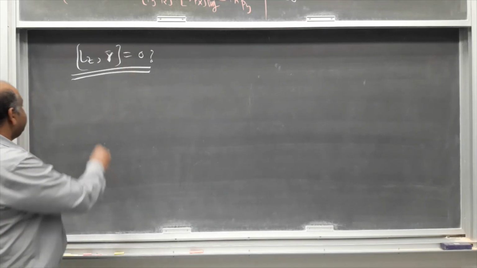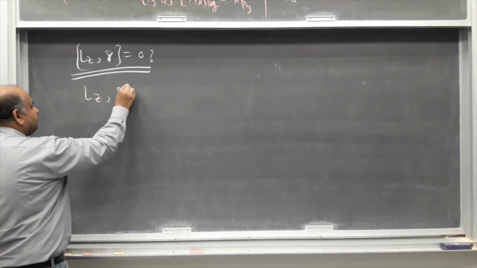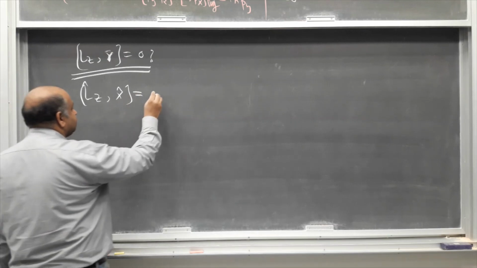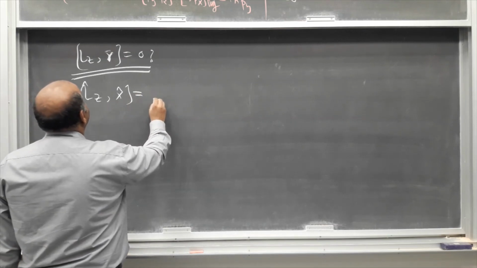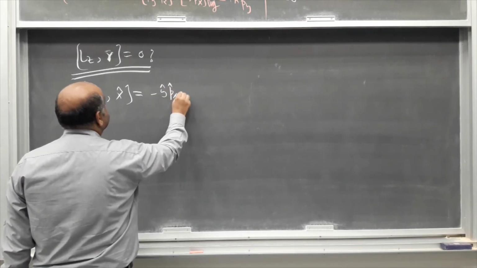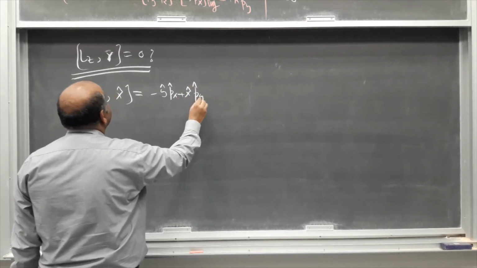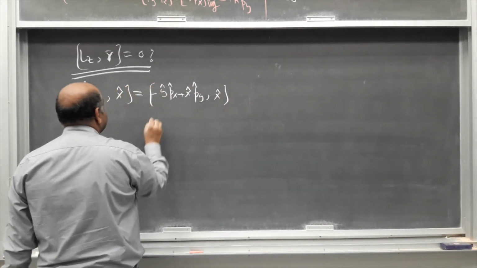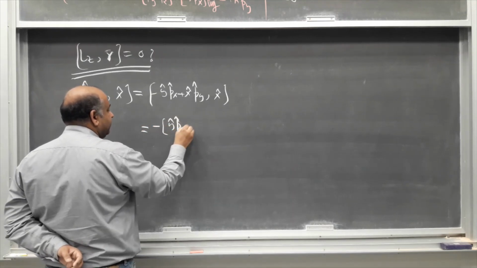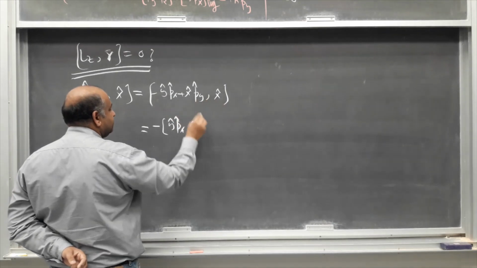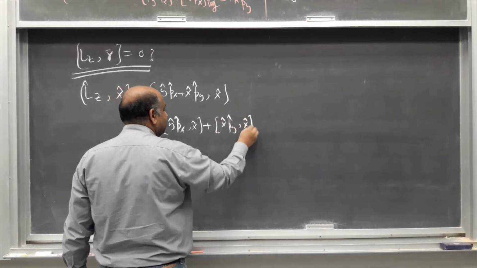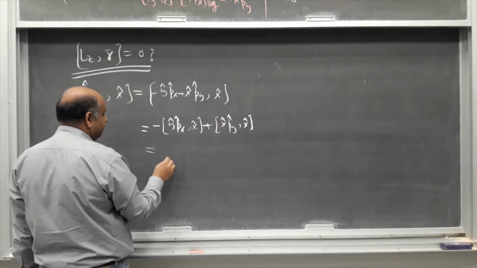So for this, we need to begin first with this thing. Let's see what this Lz x is. So this Lz x is minus y px plus x py, x, and this can be written as minus y px x. So I combine this and this plus this and this, x py x. Now we can expand this.